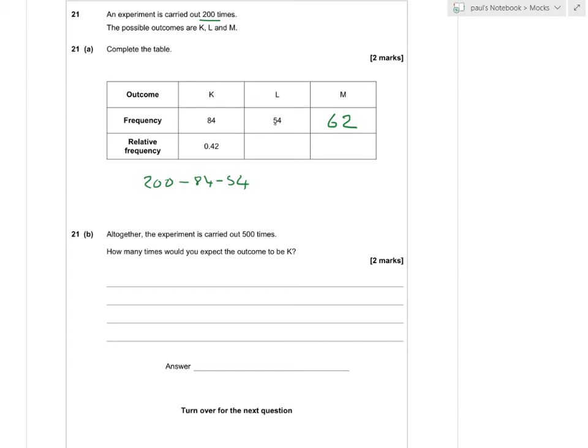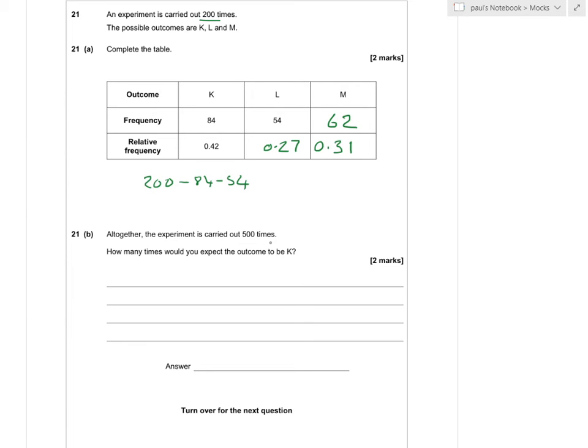So half of 84 is 0.42, half of 62 is 0.31, and half of 54 is 0.27. That adds up to 1.